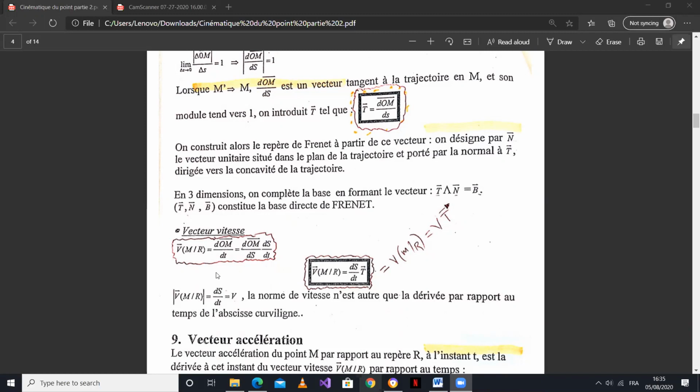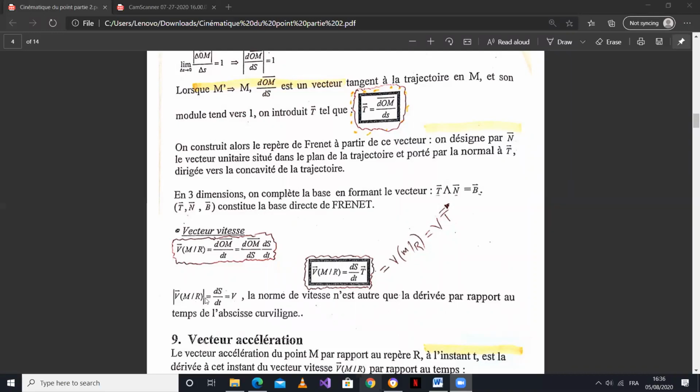So the module of v equals module of ds over dt times module of t, and the module of t is equal to 1. Since we're multiplying, it's going to disappear parce que c'est un terme neutre. It's not going to change anything. So we'll have module of the Vitesse just being equal to ds over dt.